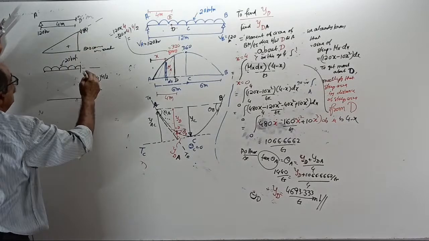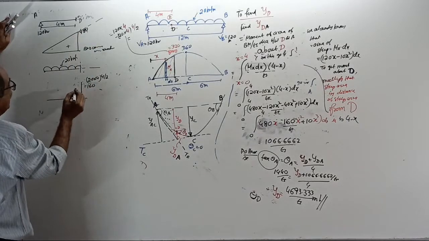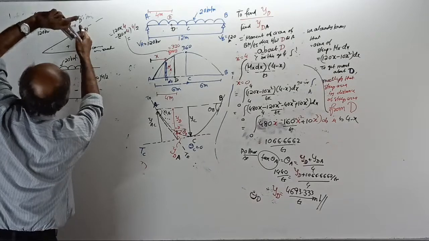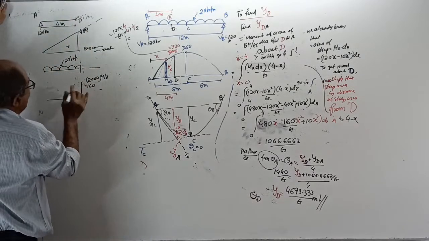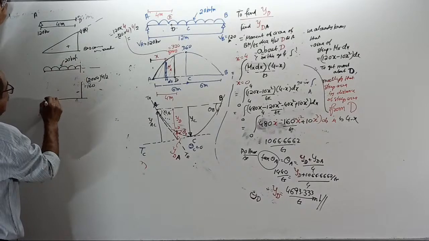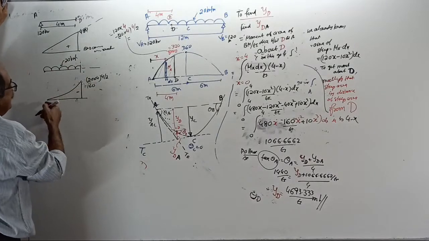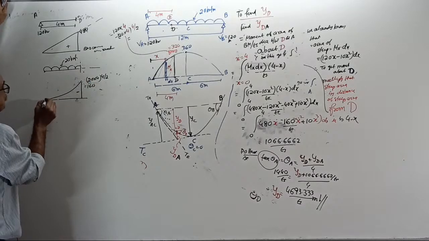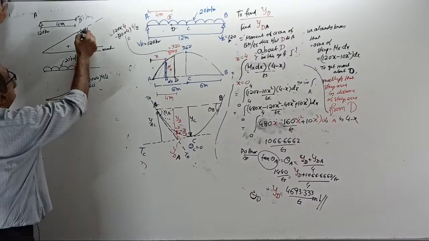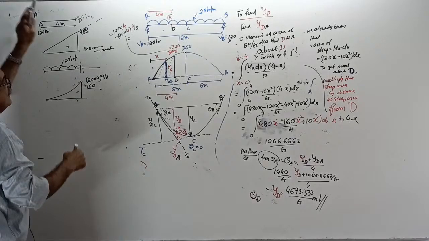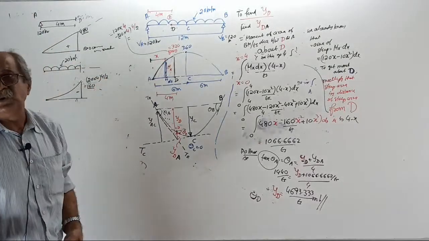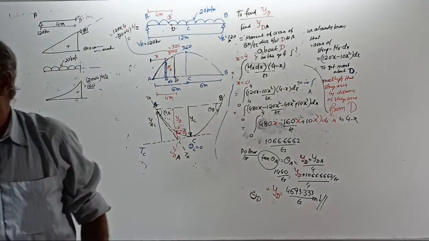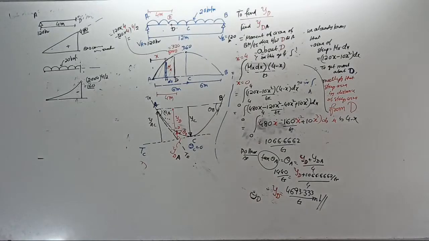This 160 is positive or negative? Tell me. If the first is positive, this is negative. And remember, this is the BMD for a cantilever. A curve of this type starts from 0. Now, see, plus 480 minus 160 is the real BM tallying there. 320.